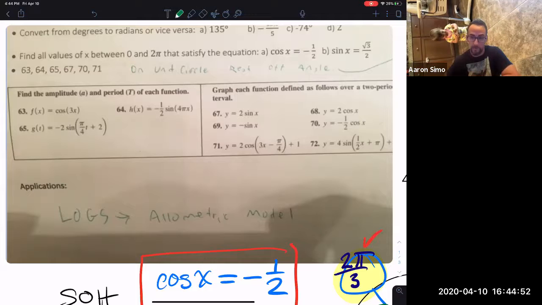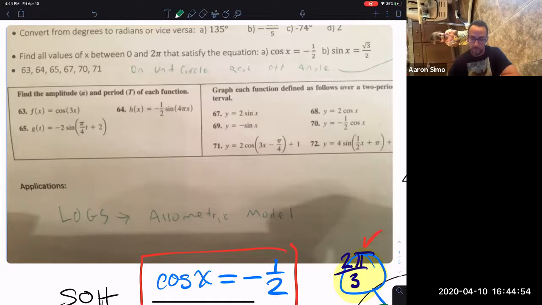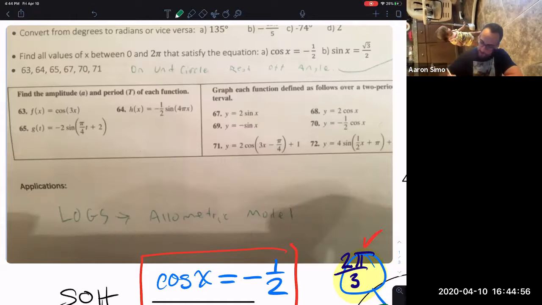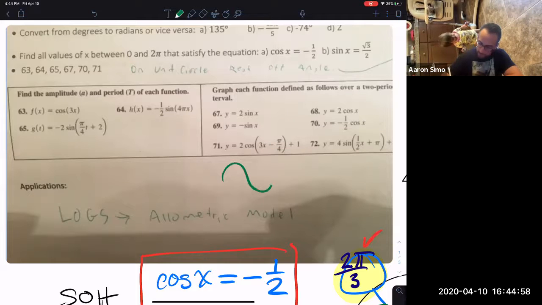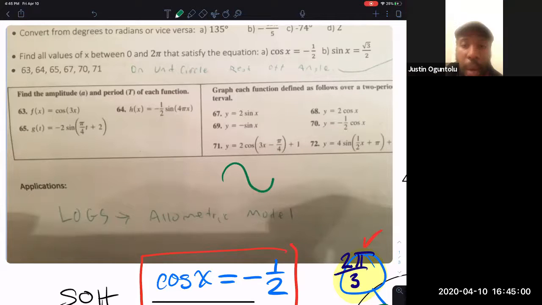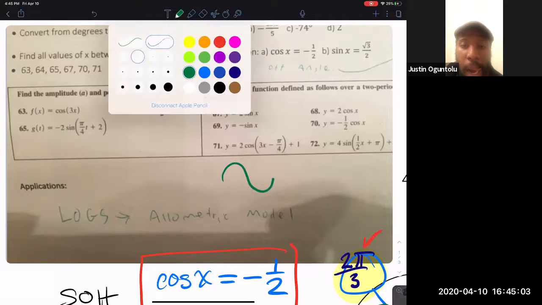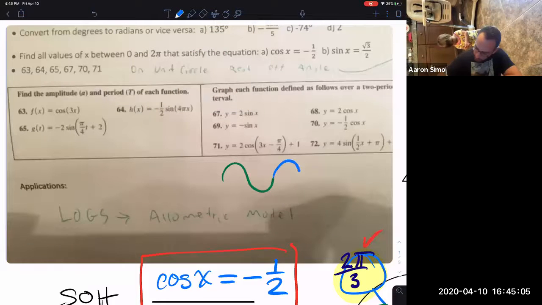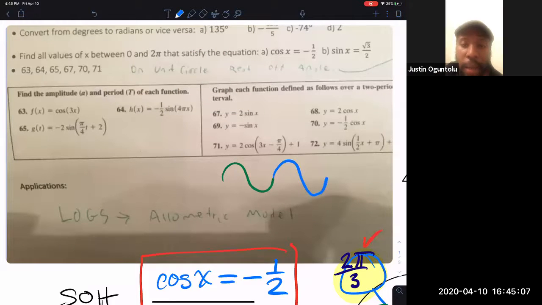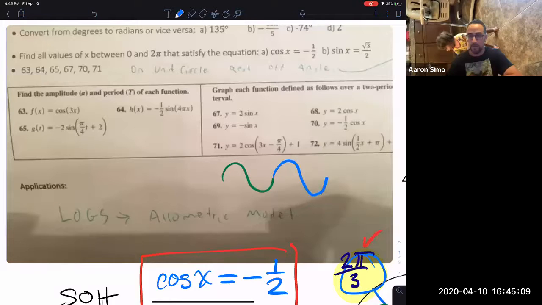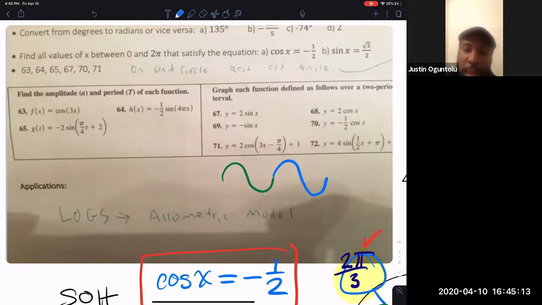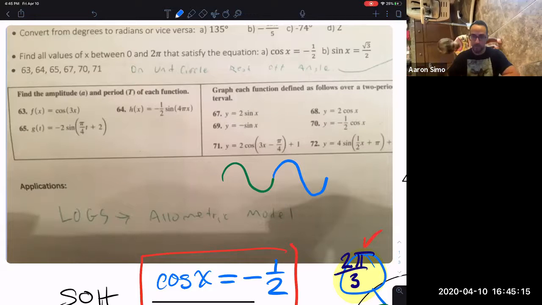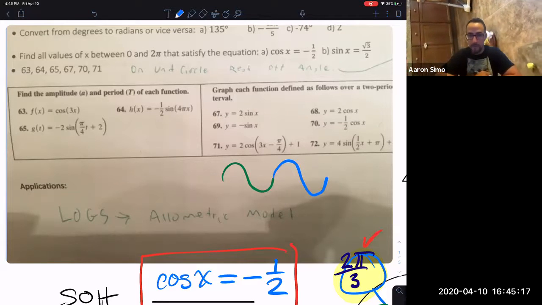Whatever the period is, it's going to be 2 of those. So if you have a graph that looks like that, that's one period. I got to draw that twice. Two periods. Okay. So whatever the period is, draw the graph twice. Oh, got it.